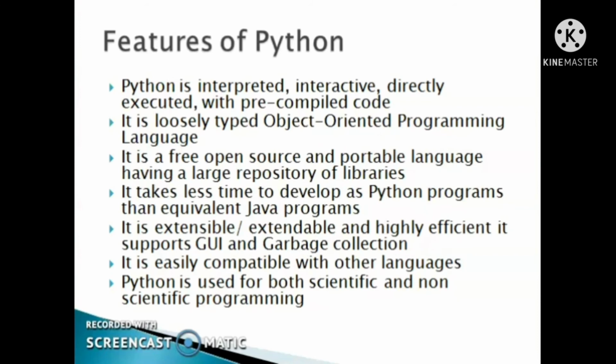It is a loosely typed object-oriented programming language with few keywords and simple English-like structure, and is easy to learn. It is a free, open source and portable language having a large repository of libraries.